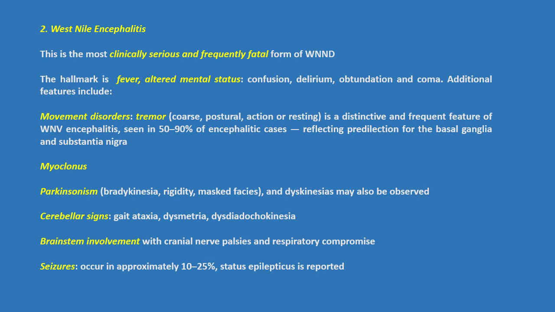Other features include myoclonus, Parkinsonism, cerebellar signs, brainstem involvement with cranial nerve palsies and respiratory compromise, and seizures, which occur in approximately 10 to 25%, and status epilepticus is also reported.